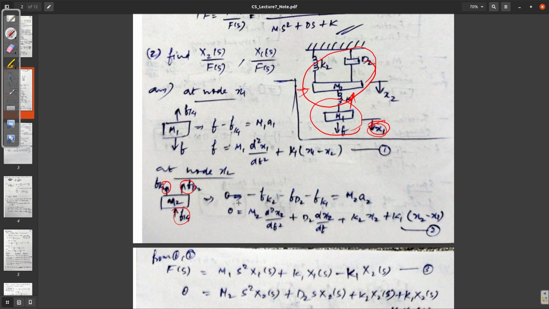So we can write the equation as minus Fk2 minus Fd2 minus Fk1 is equal to m2a2. So writing everything in terms of x, we have 0 equal to m2 d squared x2 by dt squared plus d2 dx2 by dt plus k2 x2 plus k1 into x2 minus x1. That is our second equation.